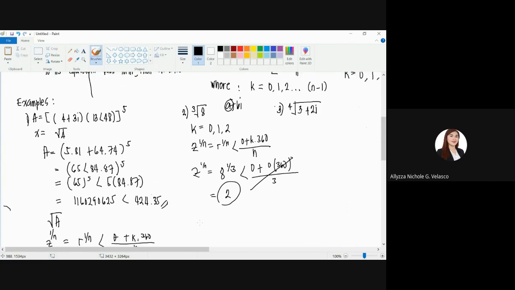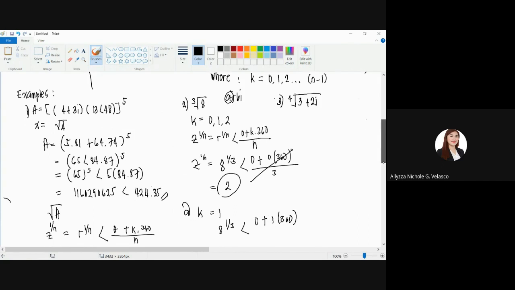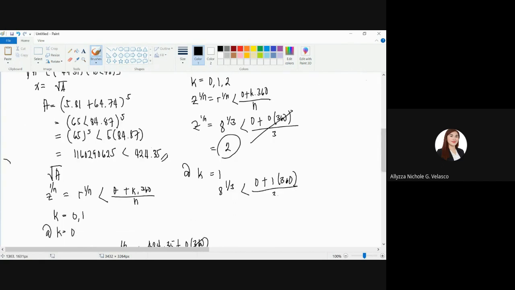Ano, kasi meron tayo pang at k is equal to 1. So we have here ang atin pong r again is 8 raised to 1/3 bar angle 0 plus 1 times 360 over 3. So therefore, we have here 2 bar angle.